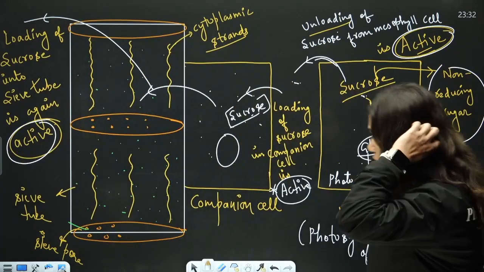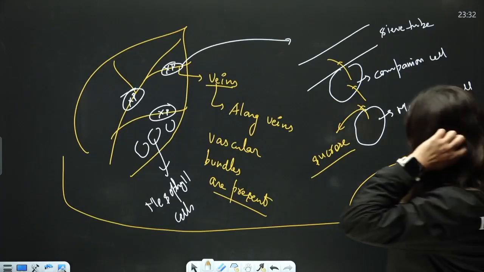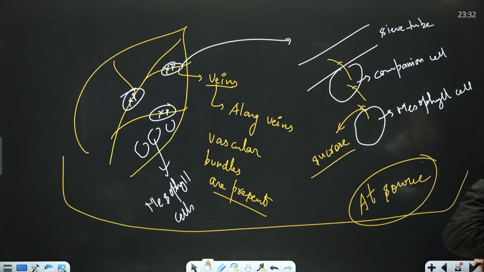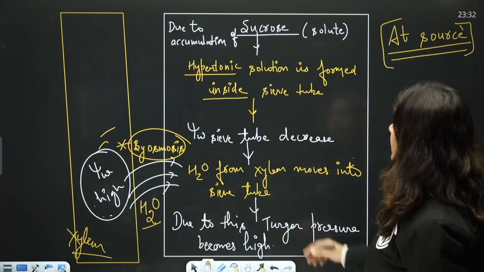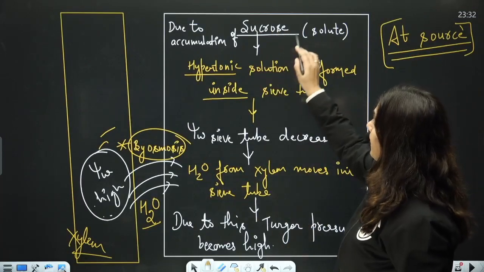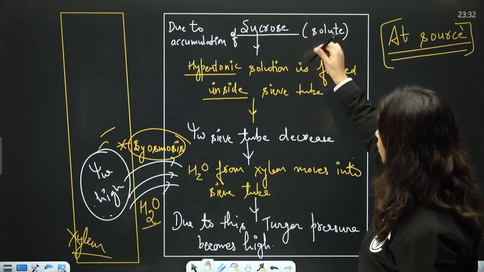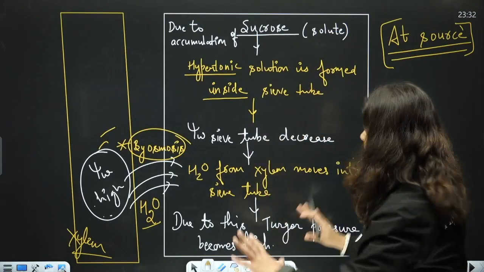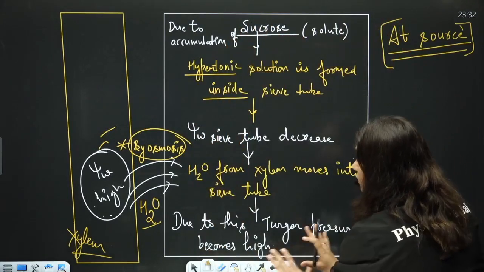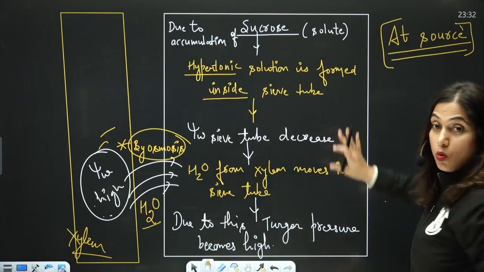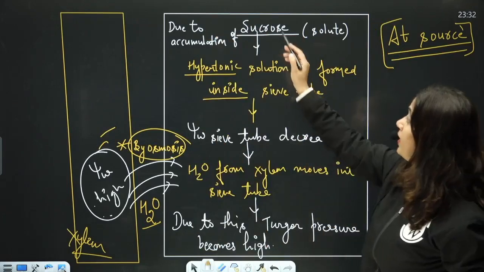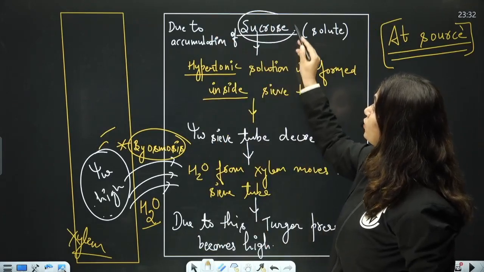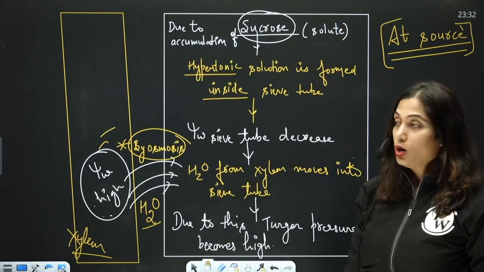Clear? Now what happens, beta? This sucrose is loaded into the sieve tube, right? Now imagine what is happening inside the sieve tube. This is the sieve tube. What is happening inside the sieve tube? Because of accumulation of sucrose in the sieve tube, what happens?